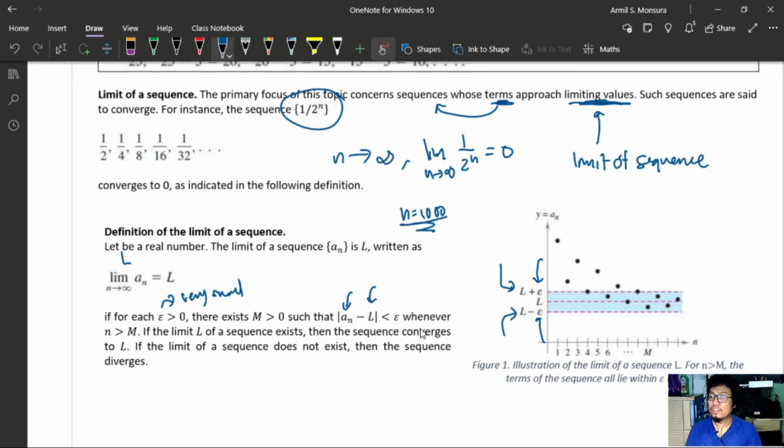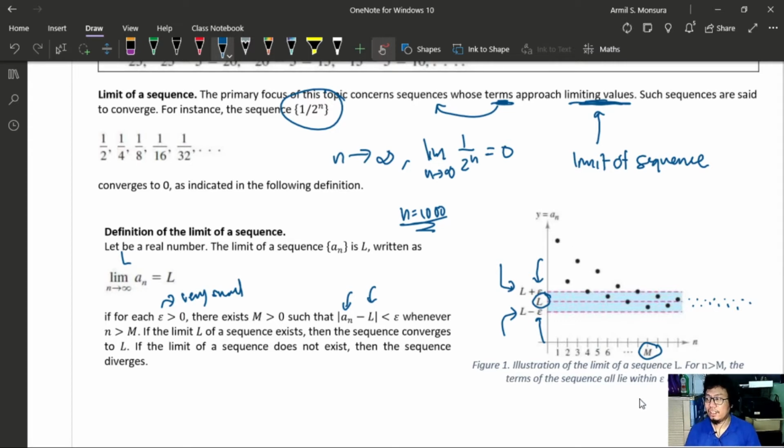So we consider in this case, if the terms of your sequence converge inside this band, or tend to stay within this band of numbers, we still consider L to be its limit, and we say that your sequence actually approaches that limit. And n here actually denotes the number of terms.